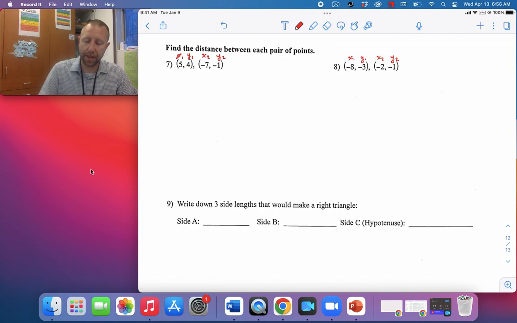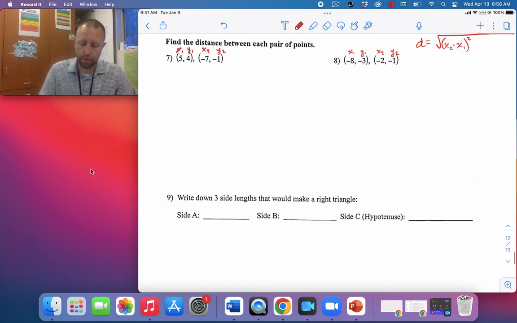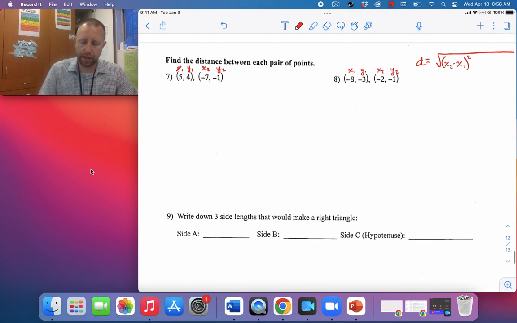The distance formula, again, is d equals, we got a big long square root symbol, and we have in parentheses x2 minus x1, and that's being squared. Plus y2 minus y1 in parentheses, and that amount is being squared.